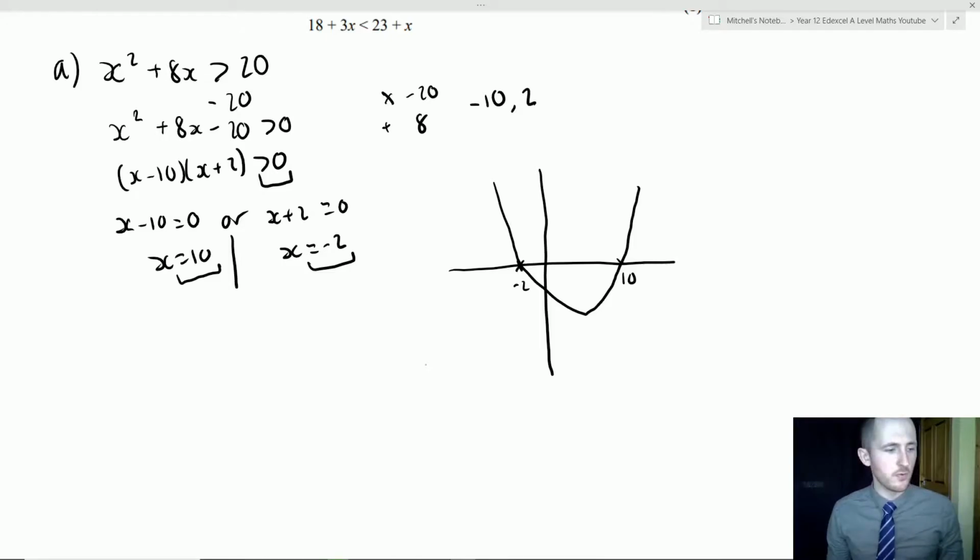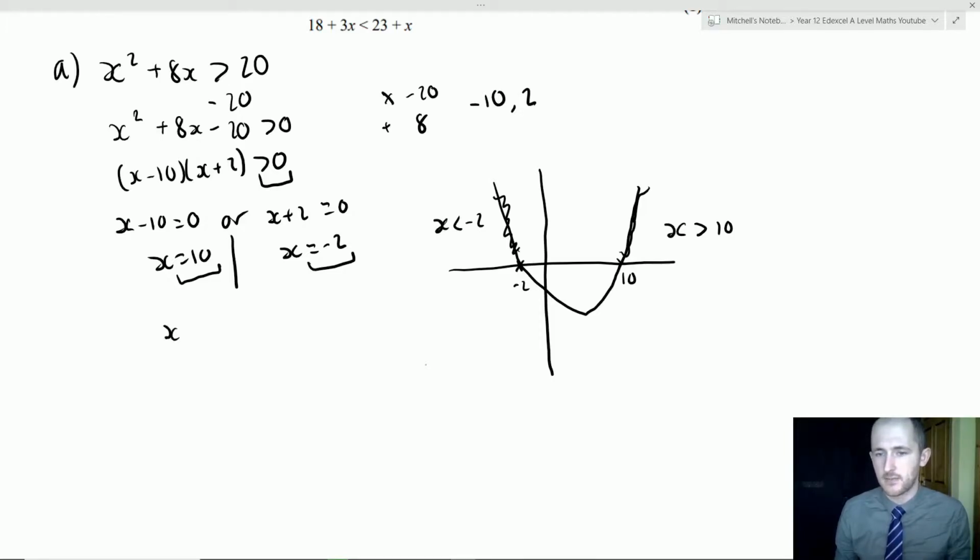We're looking for all of the values greater than 0, which means all of the values above the x-axis, which is those two sides, which happens when x is greater than 10 or x is less than minus 2. So the answer here is x is greater than 10 and/or, whichever word you want to use, x is less than minus 2.